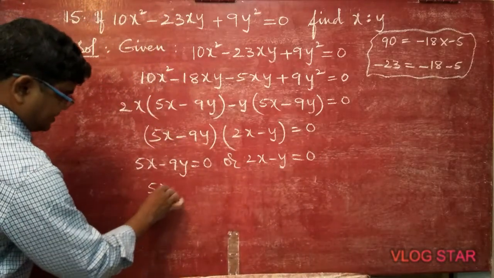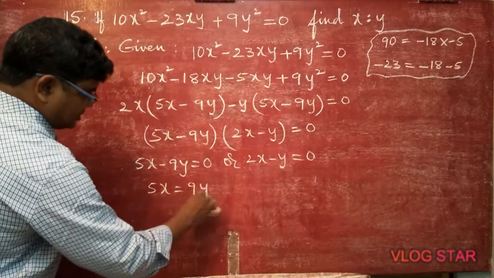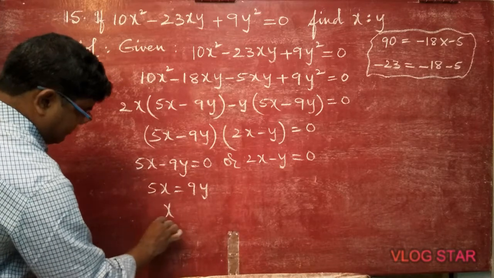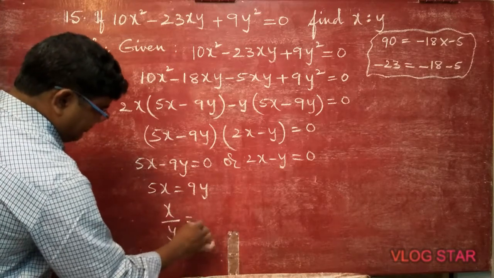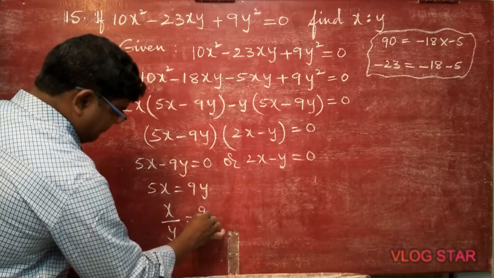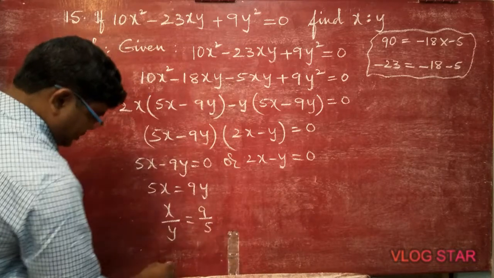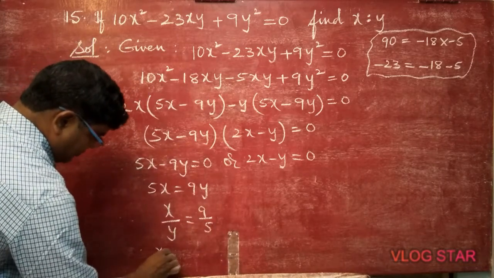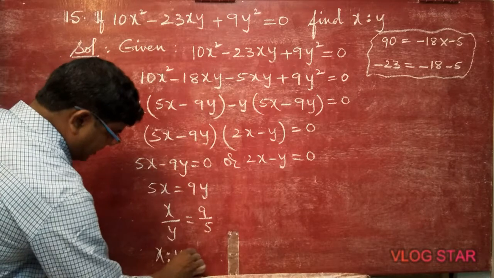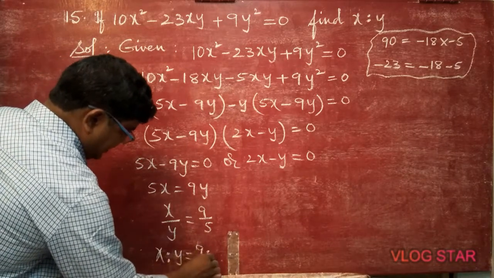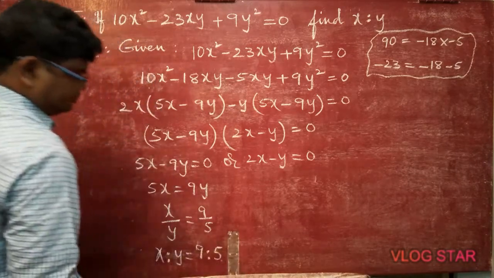Now 5x is equal to 9y. Minus goes to that side, plus. Now x by y is equal to 9 by 5. So x is to y is equal to 9 is to 5.